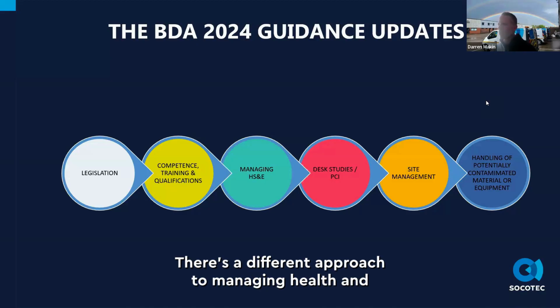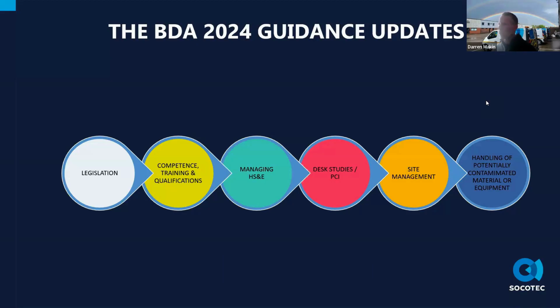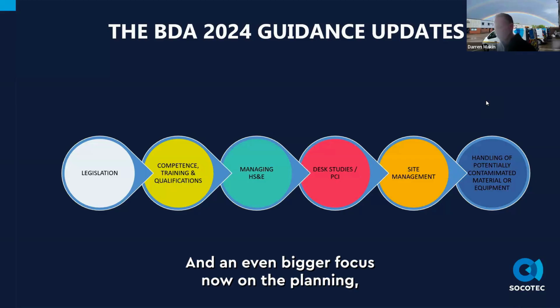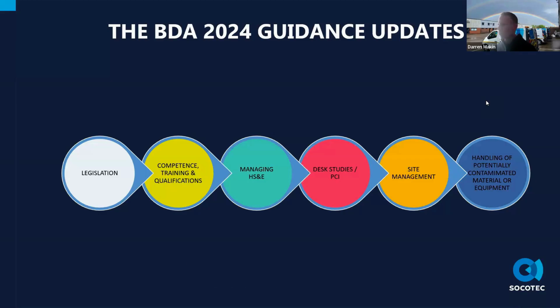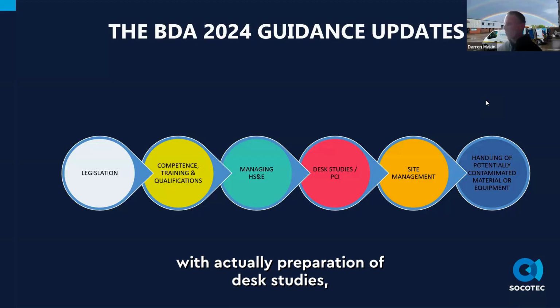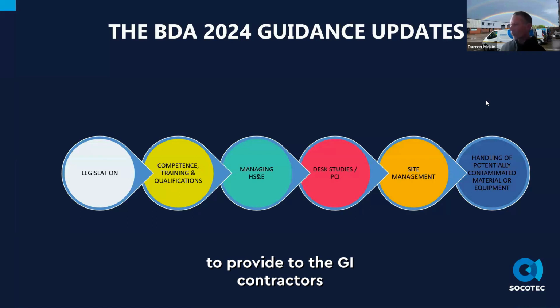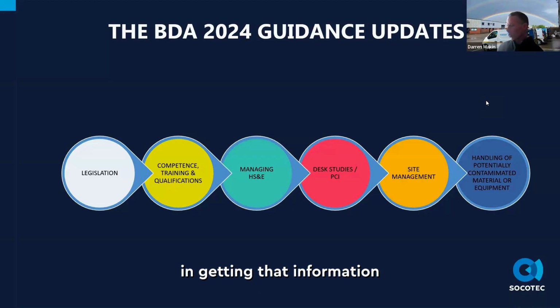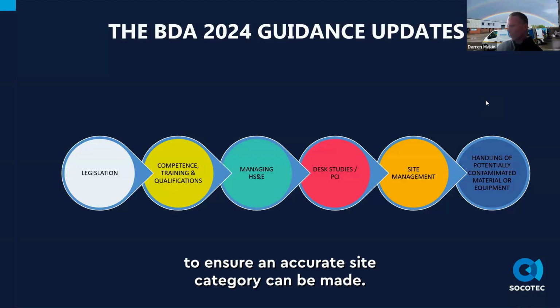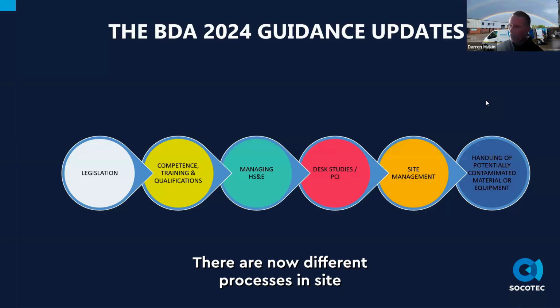A different approach to managing health and safety and the environment on site, and an even bigger focus on pre-investigation planning, with preparation of desk studies and pre-construction information provided to the GI contractors, or the GI contractors support you in getting that information, to ensure an accurate site category can be made. There are different processes in site management through changes in procedures, and pollution prevention control activities that we can carry out.